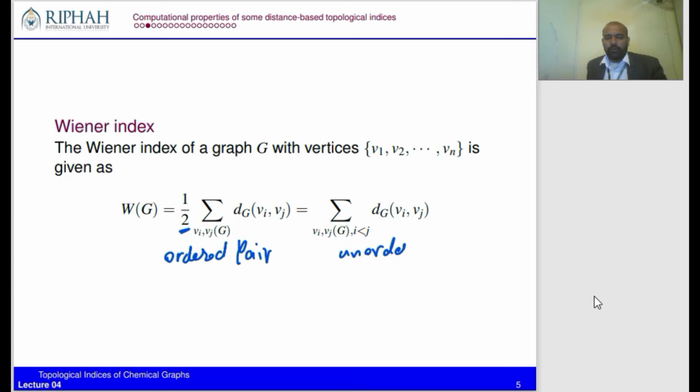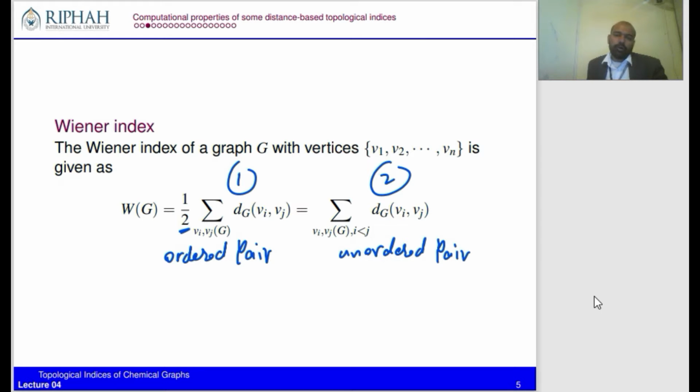Here we have unordered pairs of vertices, so we call it definition 2. Here we use the ordered pairs of vertices, distances between all ordered pairs of vertices. Here we use distances between all unordered pairs of vertices. Unordered pair means the distance between A and B and B and A is considered once in our definition.